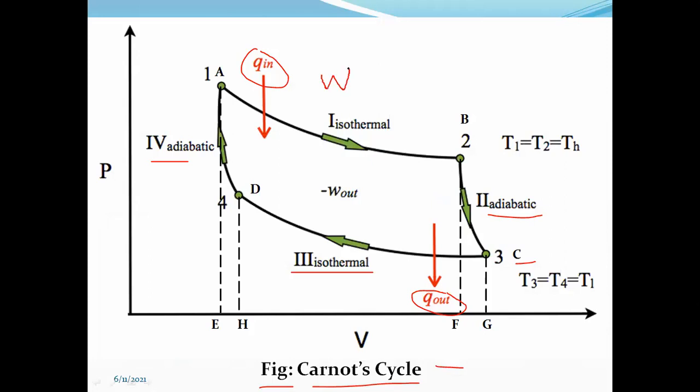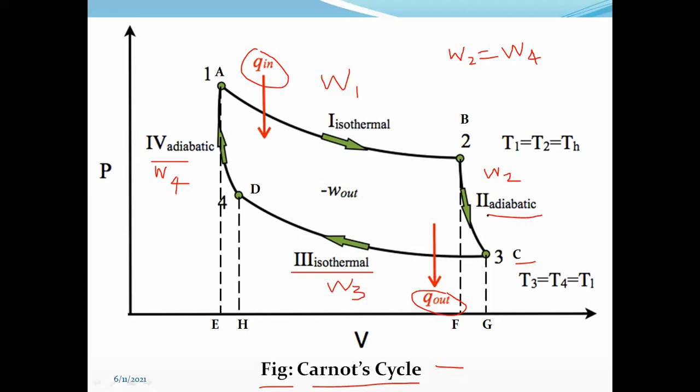According to the diagram, we can write this as W1, this is W2, this is W3, and this is W4. In the calculation of eta, we have equated W2 and W4. If W2 and W4 are equal, it means this is adiabatic.